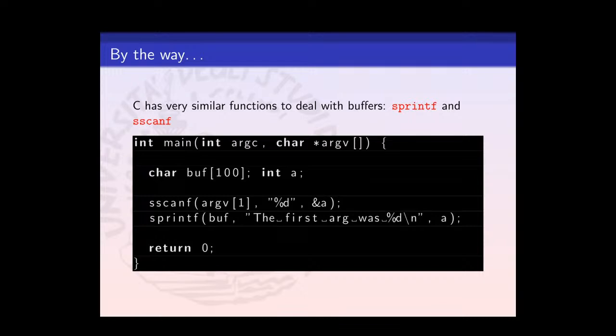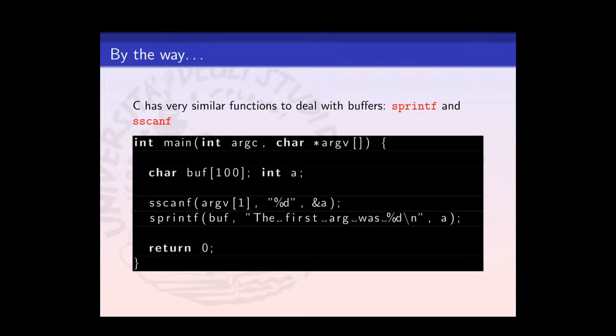So by issuing the sscanf call, we are basically reading the first parameter of the command line used to execute the program. That parameter may contain everything you want, a character, a number, or whatever, but here we are assuming that the first parameter is actually a decimal number. Why can I say it?